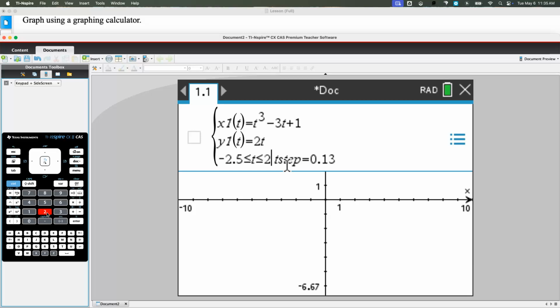T step, just as a reminder, that's how often it's calculating it. So it's going to calculate it every 0.13, or roughly, let's say 9 times every unit. It'll make these calculations. Okay?